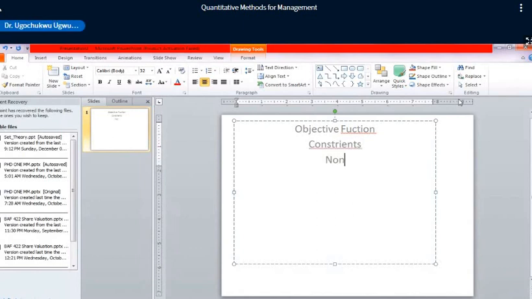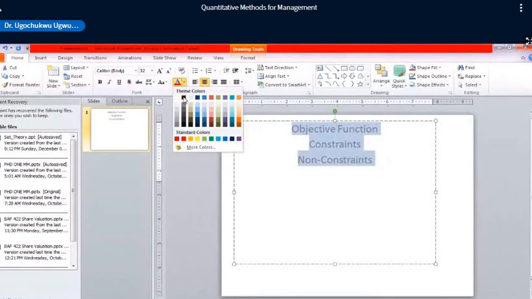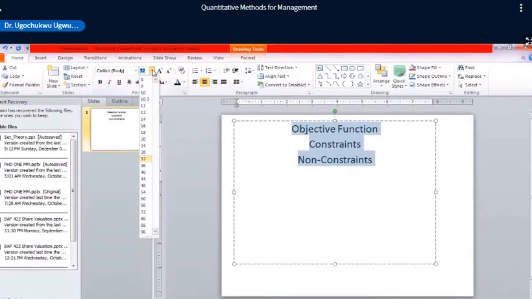And then we have the non-negativity constraint. Each of these, the objective function, the constraint, and the non-negativity constraint, is what enables the manager to determine how to achieve the objective that he has set out to achieve.